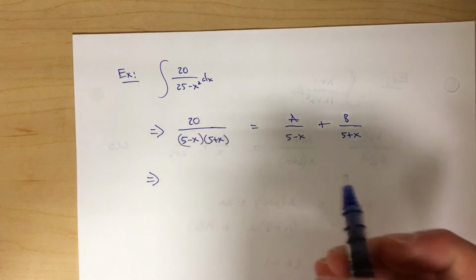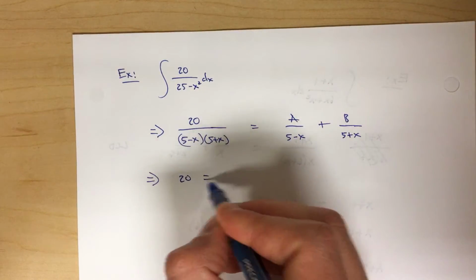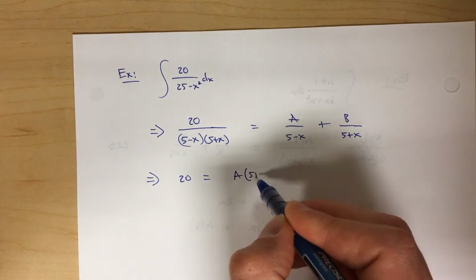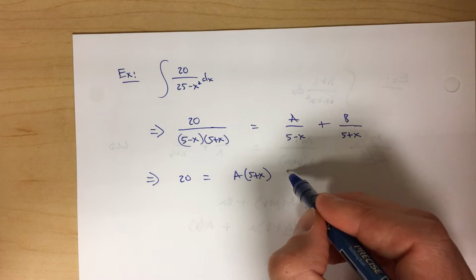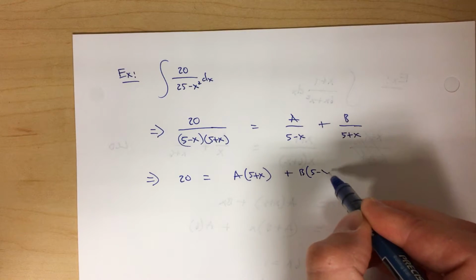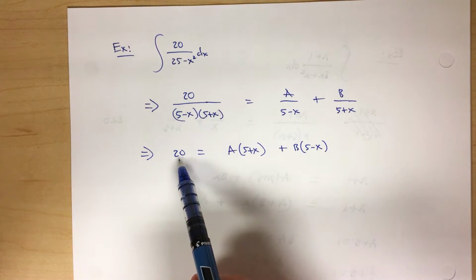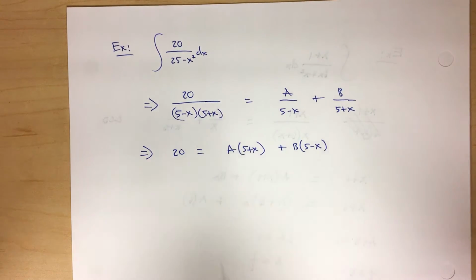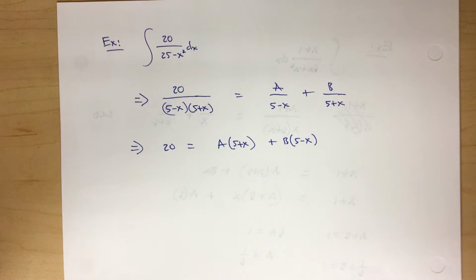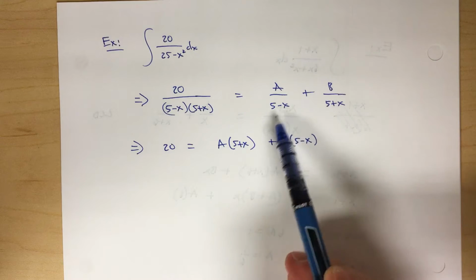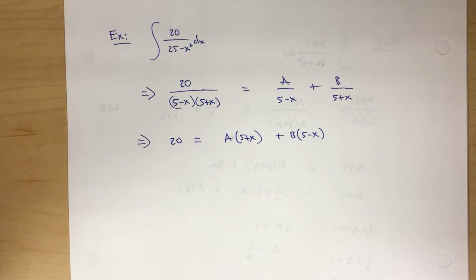Multiplying by the least common denominator, I should get 20 equals a times (5 plus x) plus b times (5 minus x). Hopefully you're starting to recognize the pattern: the denominator is always gone, so you just get 20, and then a times what it's missing, 5 plus x, and b times what it's missing, 5 minus x.